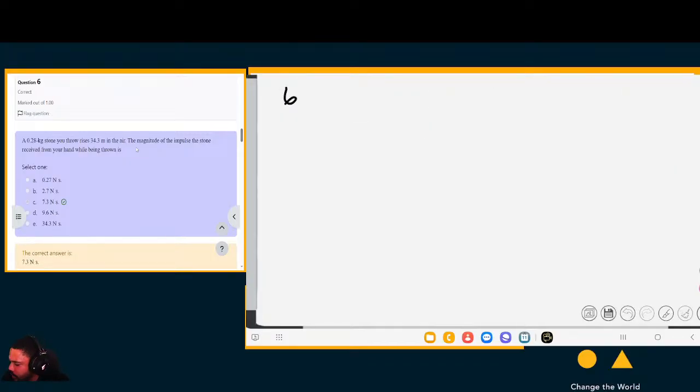So now we've established that impulse is also mass times the change in the velocity. Now do we know what the initial velocity is? Okay, we do. It's 0.